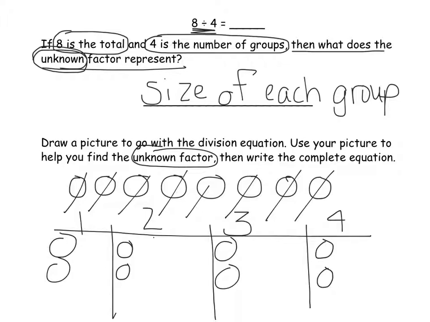That's my unknown factor. 8 divided by 4 equals 2. So I'm going to rewrite that division equation, and I'm going to say 8 divided by 4 equals 2.